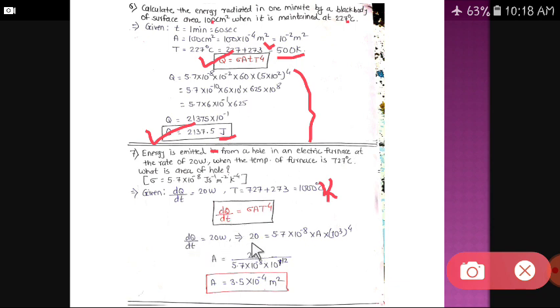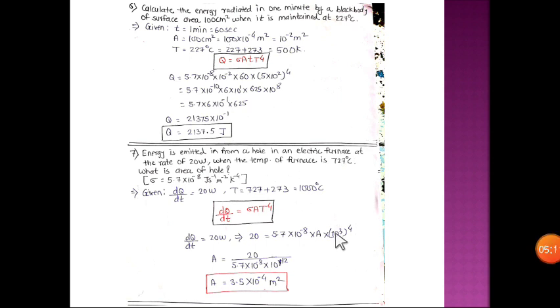By substituting all the values, dq by dt is 20, sigma is 5.7 into 10 raised to minus 8, area is what we have to find out, and T raised to 4 with T as 1000, that is 10 cube raised to 4.